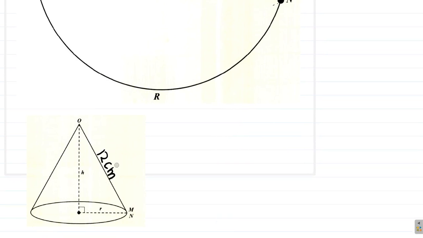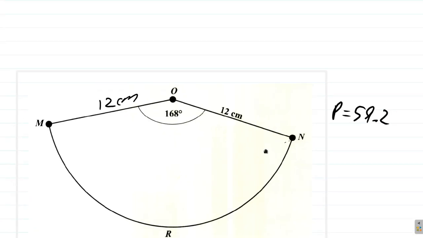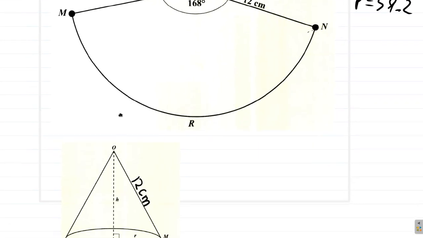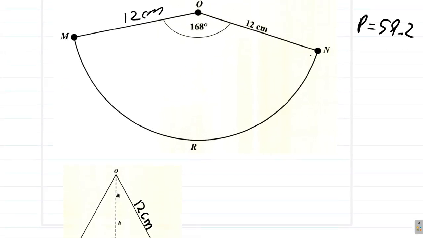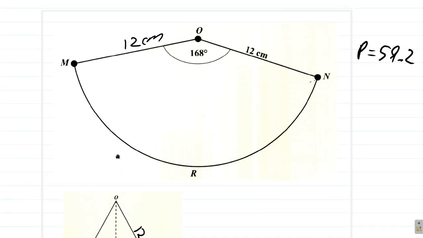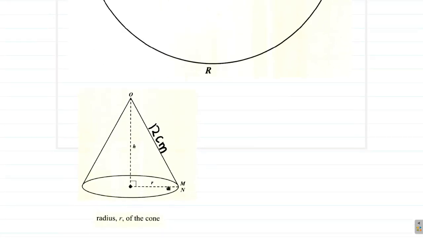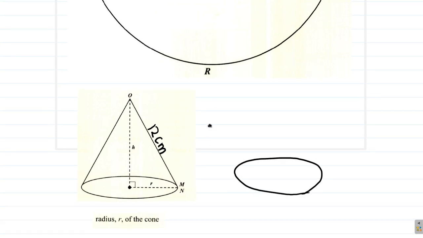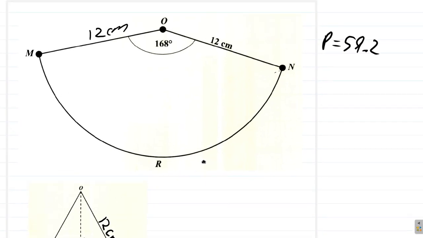So that's 12 centimeters there. Now, you see from M to N, the join here, this circumference of the base of the cone is the same as the value we looked at earlier.